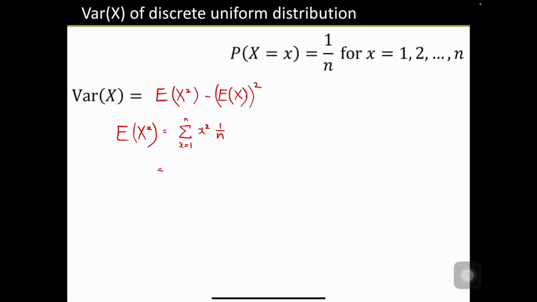So similar to the previous slide, I'm going to take out a factor of 1 over n. I'll write x squared here.